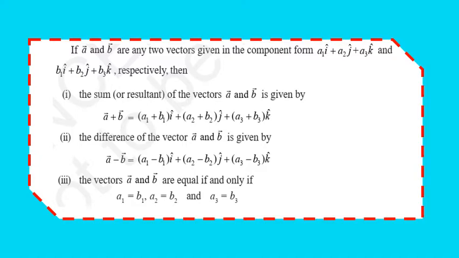The difference of the vectors will be given by A minus B equals (a1 minus b1) i plus (a2 minus b2) j plus (a3 minus b3) k. And any two vectors are equal only if their corresponding parts are equal, that is, the coefficients of i are equal, the coefficients of j are equal, and the coefficients of k are equal. So the vectors A and B will be equal if a1 equals b1, a2 equals b2 and a3 equals b3. Clear? So pause and note down these points.